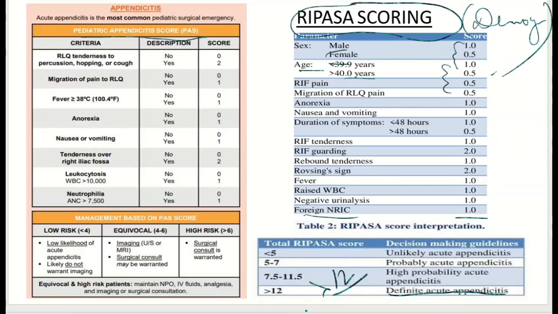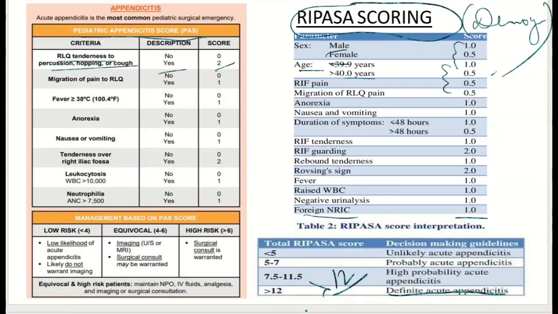Here they have taken the criteria that right lower quadrant tenderness is to percussion, hopping or cough. If yes, then 2 score. If no, then 0 score. The scoring system is a bit different than adult population. If there is less than 4 score, that is called low risk category, low likelihood of acute appendicitis, and they likely do not warrant imaging.